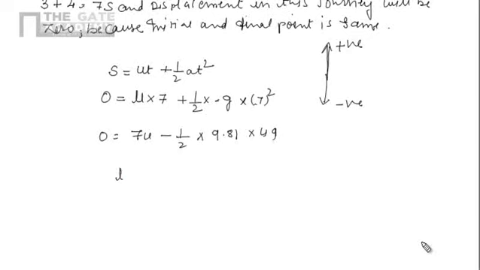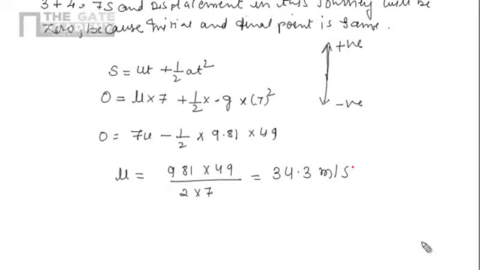So u equals 9.81 into 49 divided by 2 into 7. It will come around 34.3 meter per second. So we calculate the velocity, that is 34.3 meter per second.